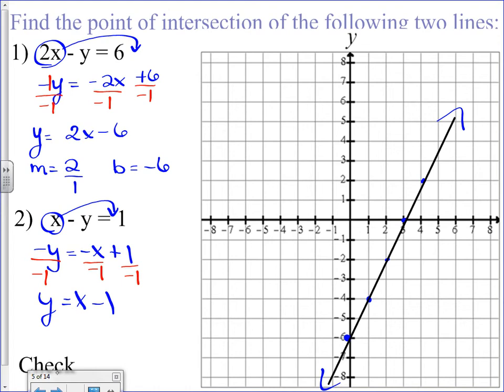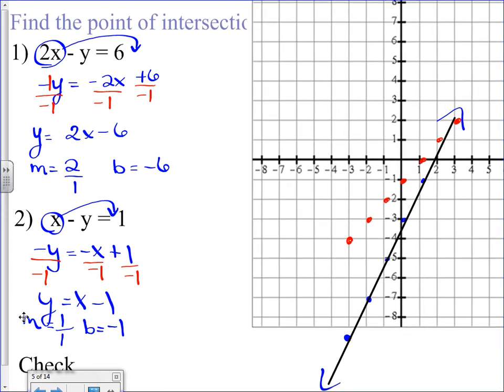Joe, what's my m here? Good. 1 over 1. What's my y-intercept? Andreas? Good. Curtis, tell me, how do I graph this?